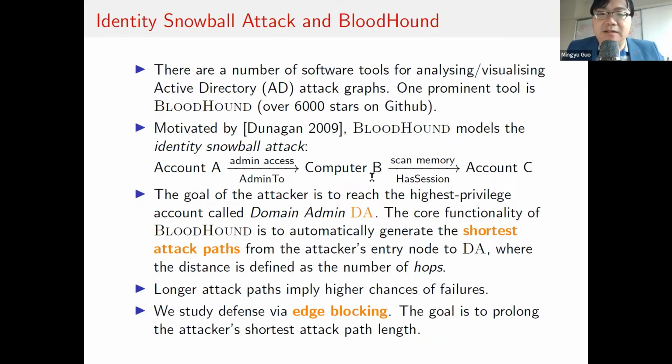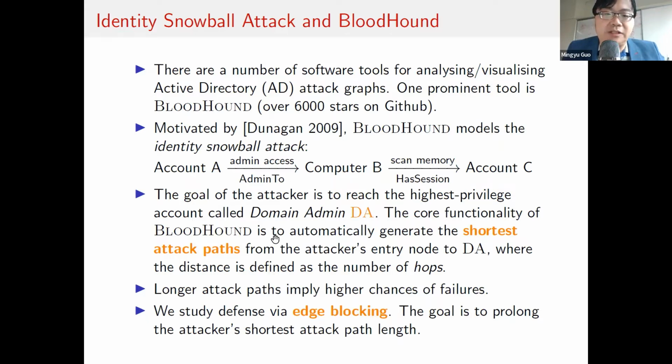From this node, the attacker can scan the memory, and inside the memory is the password of account C. There's a relationship called has session, which means that account C has recently logged on to computer B, and therefore there's a password inside the memory. This is based on a known exploit, so the attacker can travel from one node to the third node. Essentially the goal of the attacker is to start from some initially compromised node and try to reach the highest privilege account, called the domain admin.